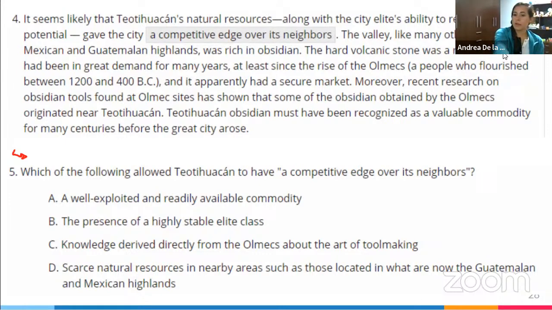Okay, guys, so what do you think? Which option would you choose? I'm not totally sure, but maybe A. Okay, good. Do you guys agree?